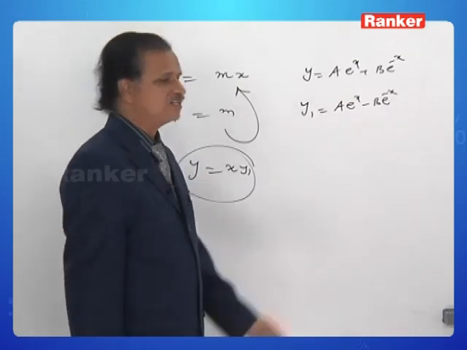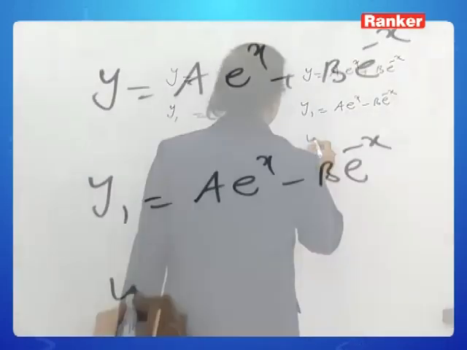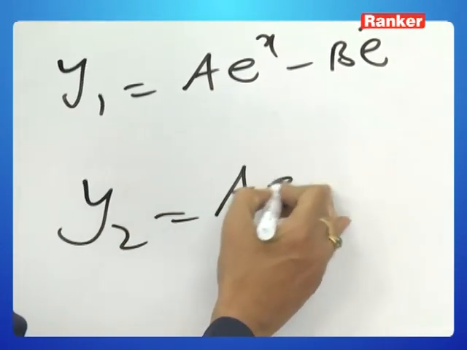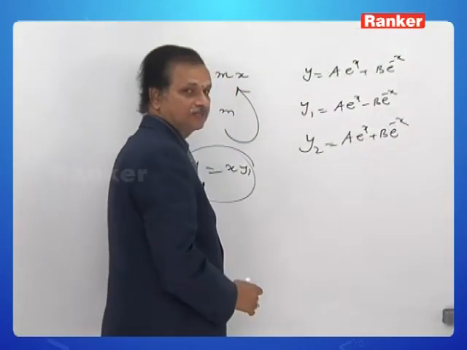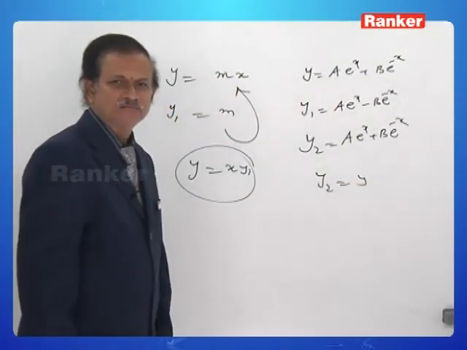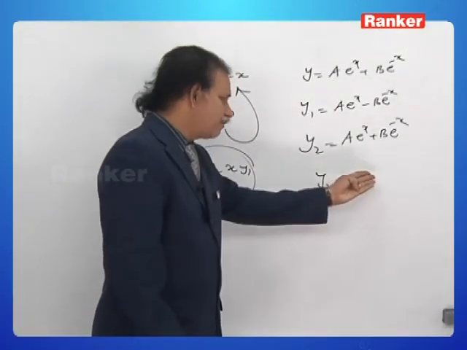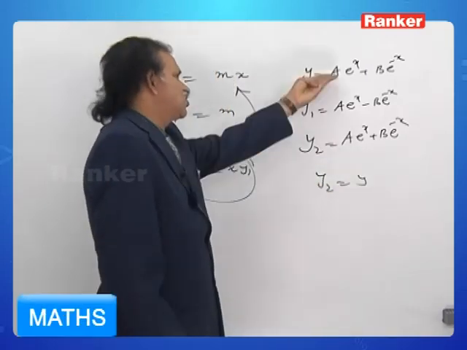That's not the answer. This is not the differential equation of this one. Again, differentiate it. y2 is equal to a into e power x plus b into e power minus x. So we have got y2 is equal to y. Stop there. No more arbitrary constants are present here. This is the differential equation whose solution is this equation.